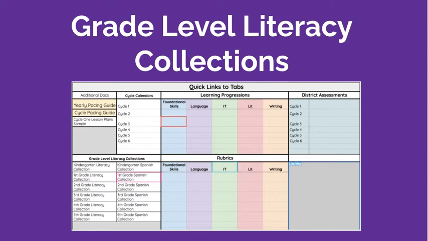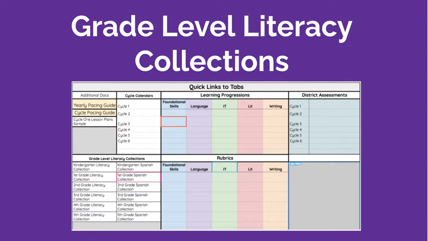So we went back to the terminology cycle. For those of you who have been in the district a while, we used to call them cycles. And so we'll have a cycle pacing guide in there, and then calendars, which we have used in the past.